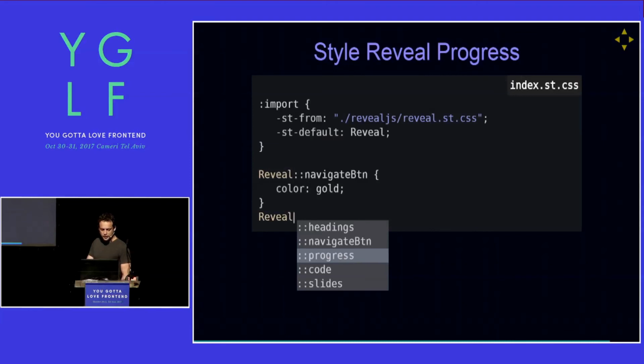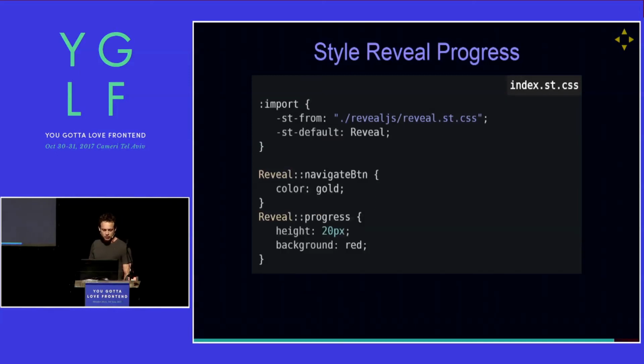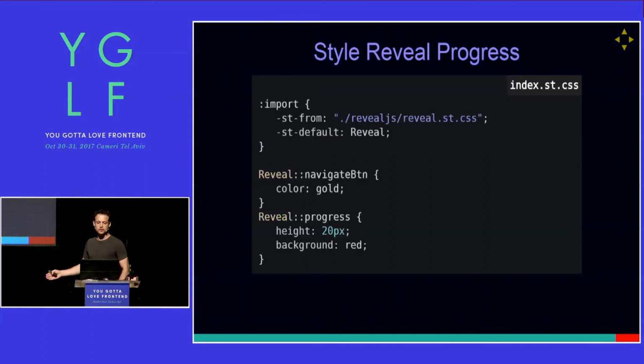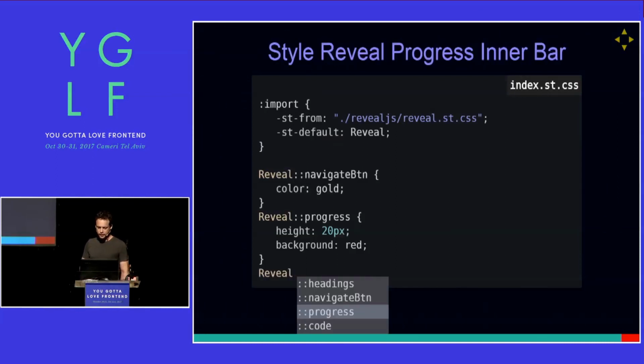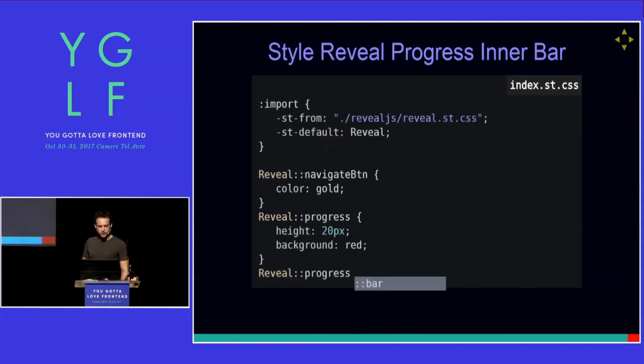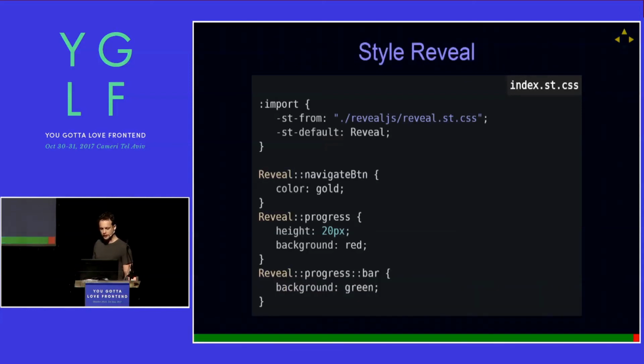We can target the progress bar, which is the lower blue line at the bottom of the screen. I've increased its height to make it a little bit more noticeable and colored it red. And since we are towards the end of the presentation, the progress bar is small, and we can color in the internal bar as well. It indicates the time that has already passed. So if we target it, we can see that we can chain pseudo elements together now, giving us a way to change the presentation.